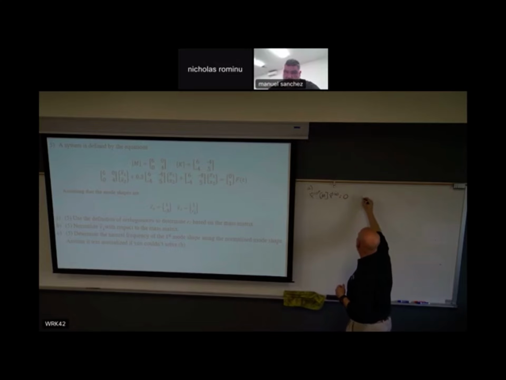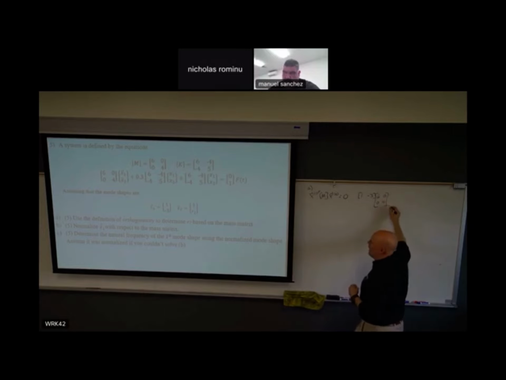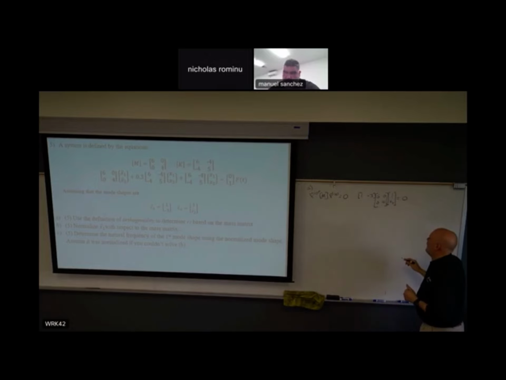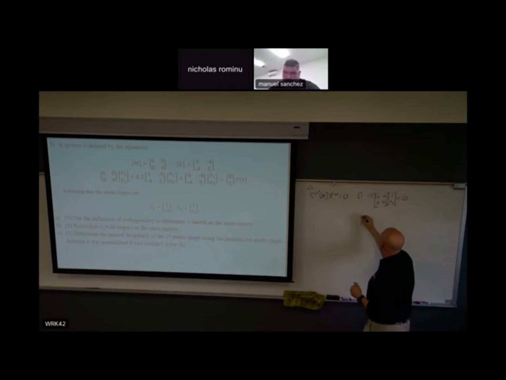And so what do we have? We have 1 minus 3 times [[6, 0], [0, 4]] times 1, r2 is equal to 0. And so multiplying it through, we have 6 minus 3 times 4 is 12 r2 equals 0.